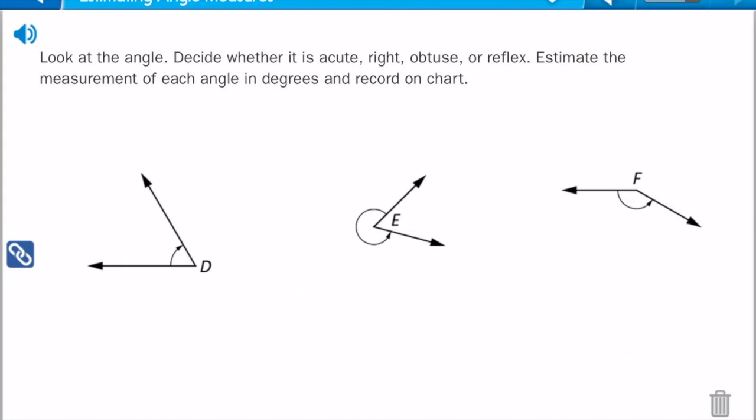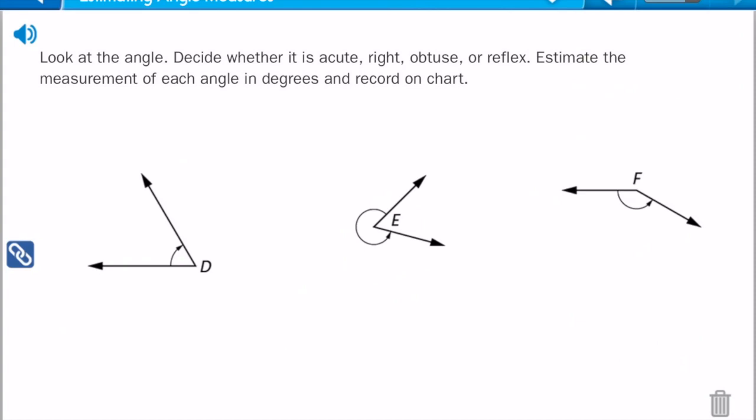Okay. Right, we have a few more. So if we look at D, what type of angle do we think that is? I'm looking at it, and I know it's less than 90, so I know it can't be a right angle. It's a smaller angle, so I know that it's not a reflex angle because, look, my arrow's on the inside. I know it's not obtuse because it's not open wide enough, because obtuse means it's greater than 180.